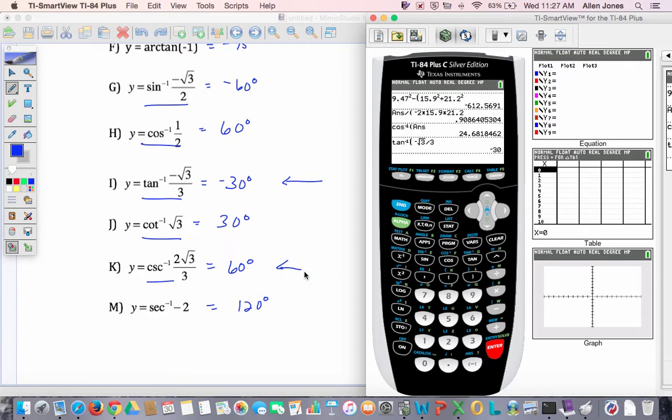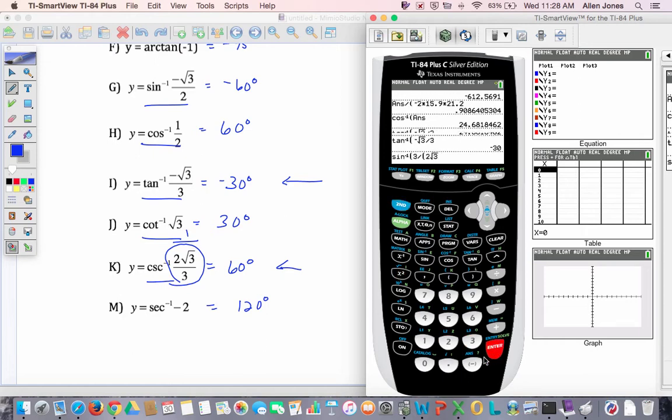Another side note here, let's look at letter K. Inverse cosecant, I have to use the inverse sine. Now I'm going to shortcut this one just a little bit. I put 1 over this to type it in, but because 1 divided by a fraction, I'm just going to flip that fraction over, and I have 3 divided by 2 times the square root of 3.